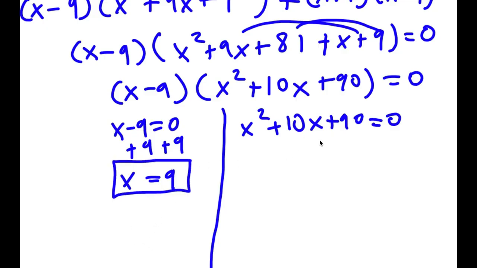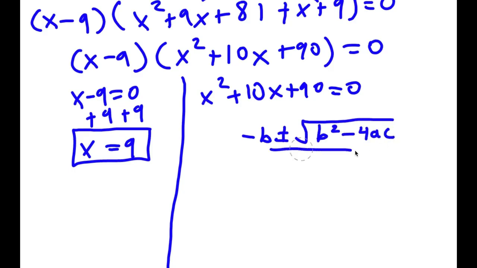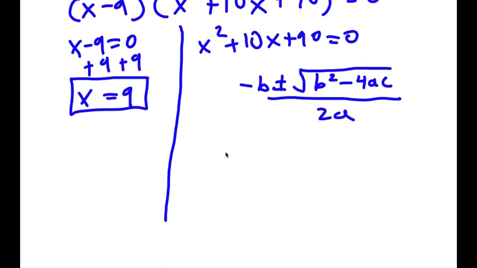Now for x squared plus 10x plus 90 equals 0, we are going to have to use the quadratic formula to solve this equation. So the quadratic formula is negative b plus or minus the square root of b squared minus 4ac all divided by 2a. So in this case, a would equal 1, b would equal 10, and c would equal 90.